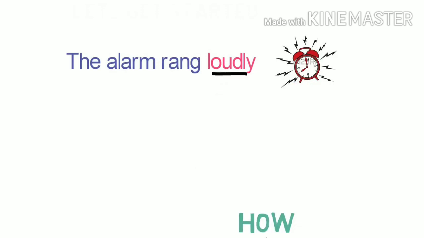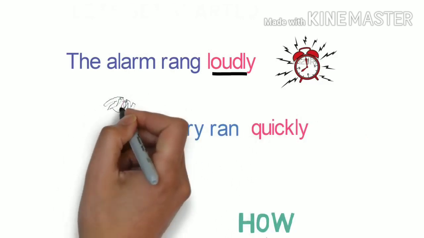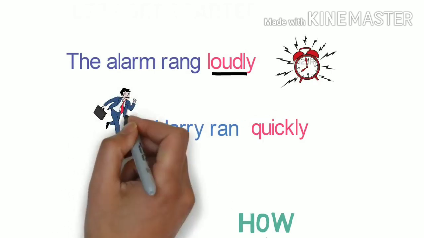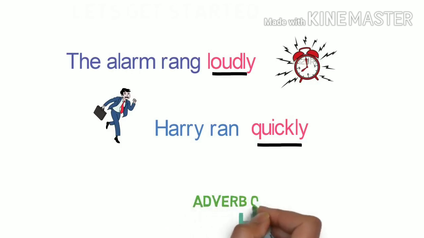Let's look at another example. Harry ran quickly. Here we know that Harry ran, but quickly describes the manner in which Harry ran. So quickly is an adverb here. As this adverb describes the manner in which the action is performed, these are called adverbs of manner.